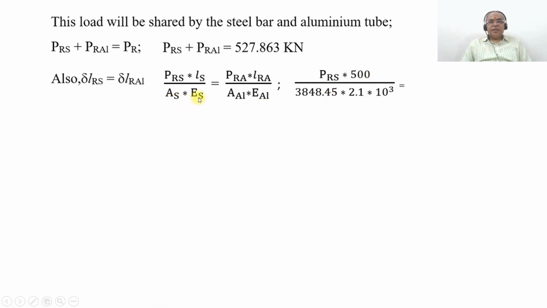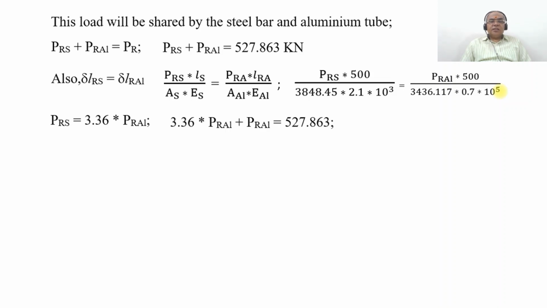You know the area of steel and you know the Young's modulus of steel, that is 3848.45 into 2.1 into 10 to the power of 5. Then that is equal to PRAL into 500 divided by 3436.117 into 0.7 into 10 to the power of 5. On simplification, PRS will be equal to 3.36 into PRAL.